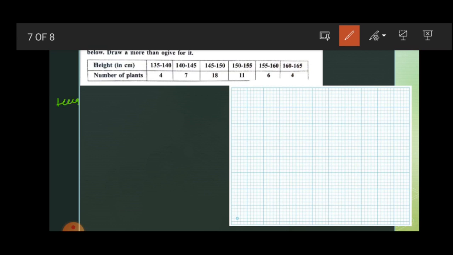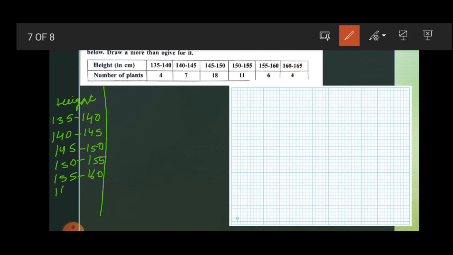Heights are 135 to 140, 140 to 145, 145 to 150, 150 to 155, 155 to 160, 160 to 165.